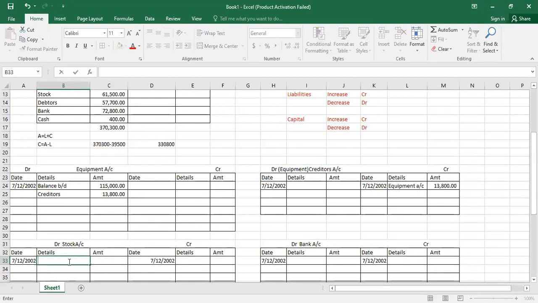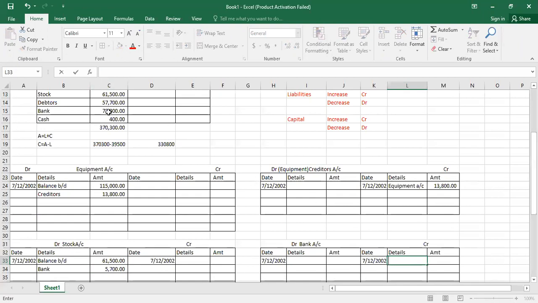But before we journalize, we had a stock, we had a balance. So we have a balance brought downward of 61. This is the balance that is already in the account. And then we are buying stock worth, what's the value of stock? 5,700. So bank 5,700. And then the corresponding book that will be affected will be the credit side. So stock, we had a bank account.